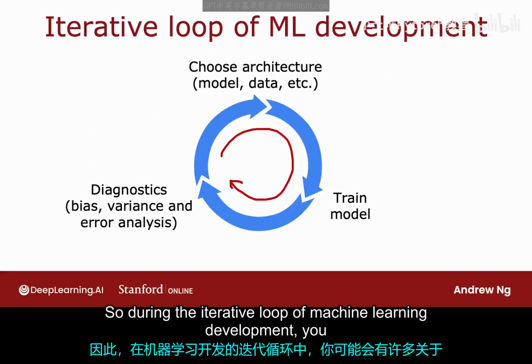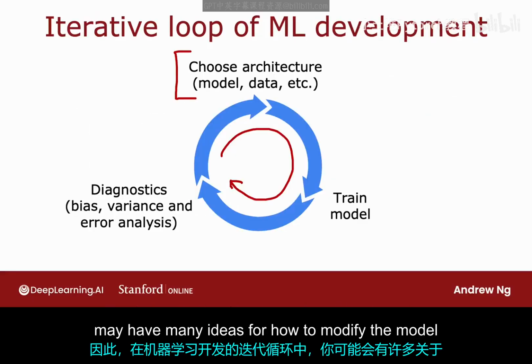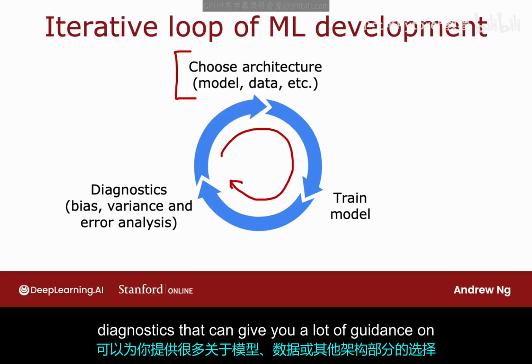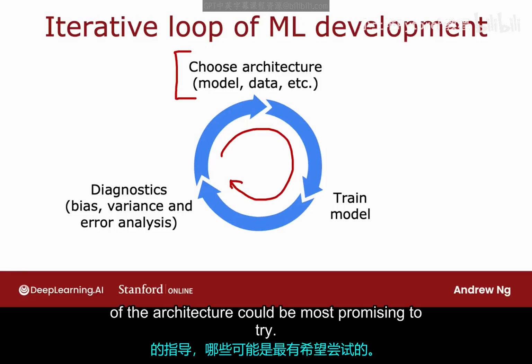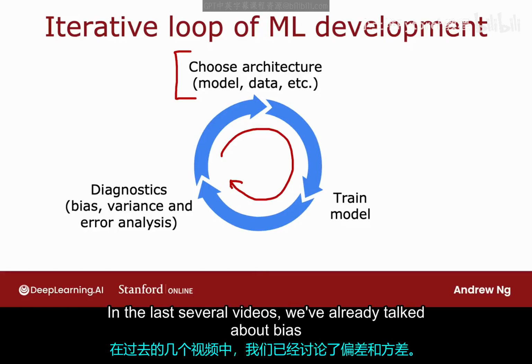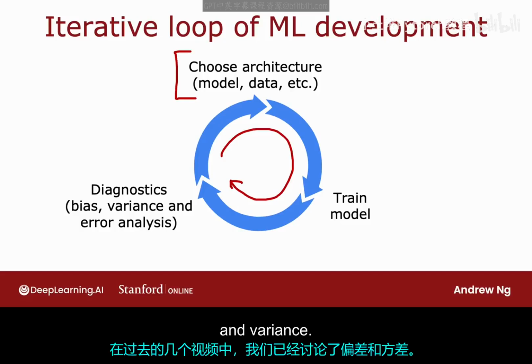So during the iterative loop of machine learning development, you may have many ideas for how to modify the model or the data, and it'll be coming up with different diagnostics that can give you a lot of guidance on what choices for the model or data or other parts of the architecture could be most promising to try. In the last several videos, we've already talked about bias and variance.